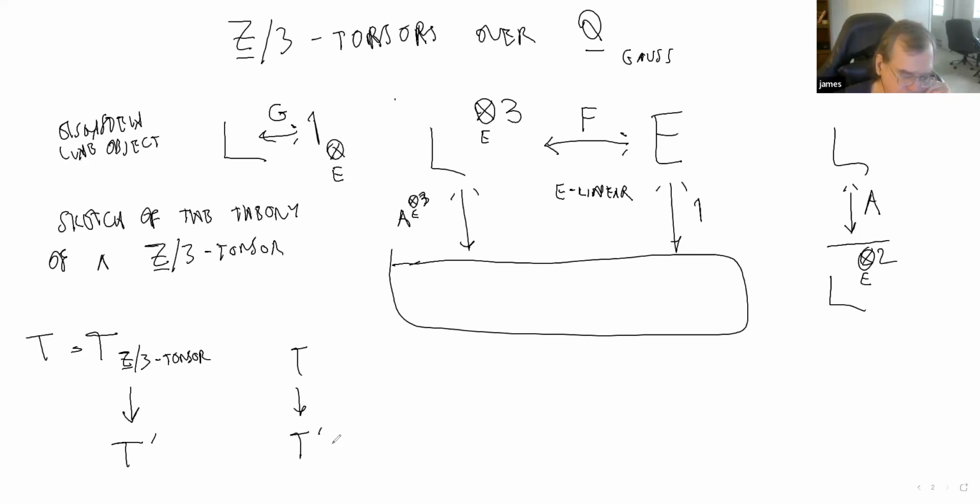So how does it get to be an affine variety? It has something to do with cubes.